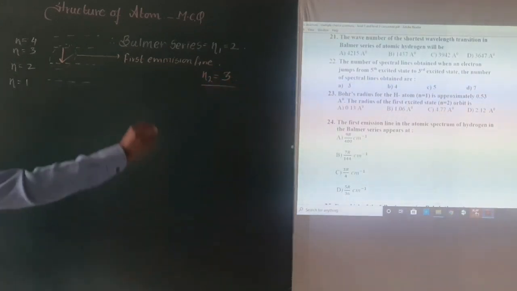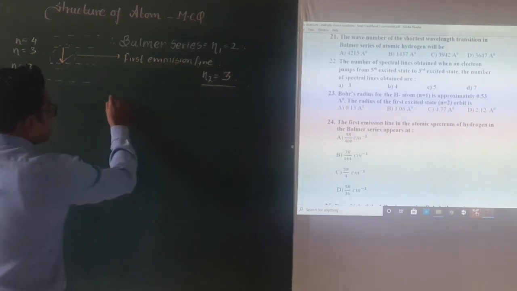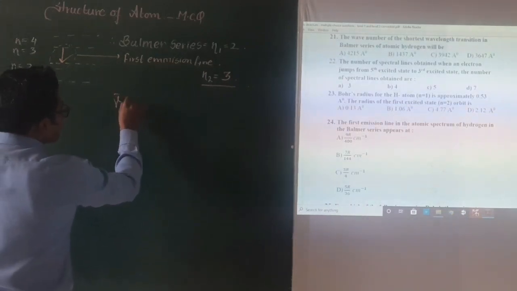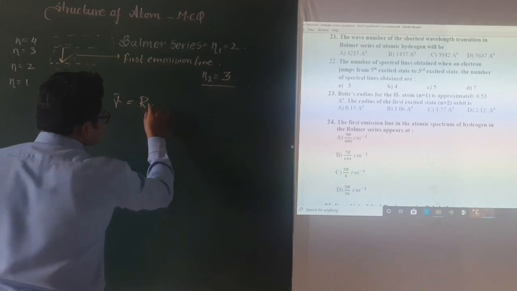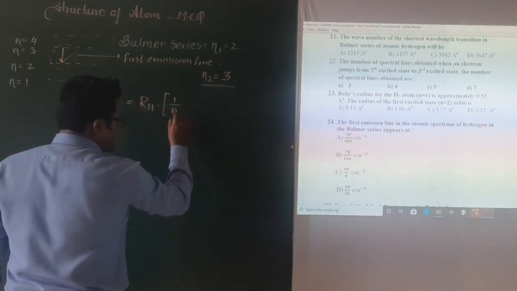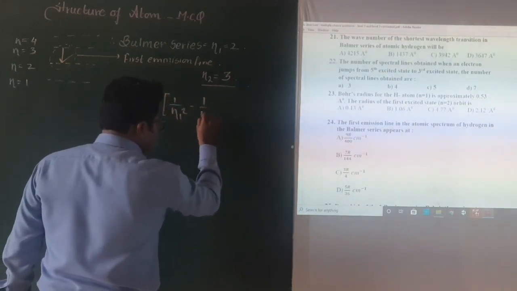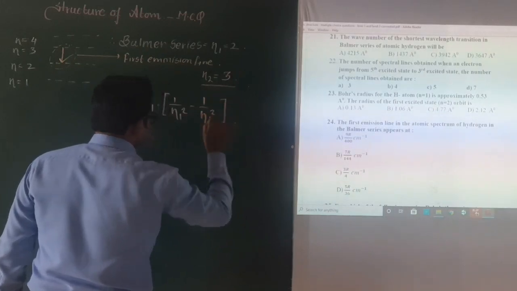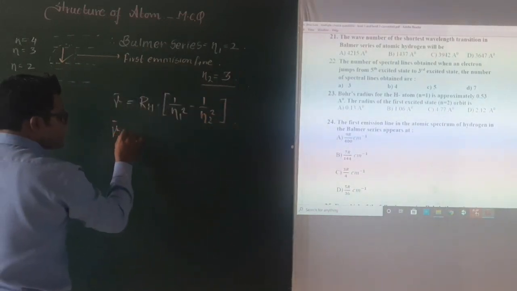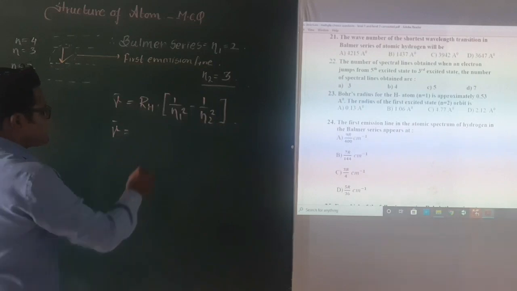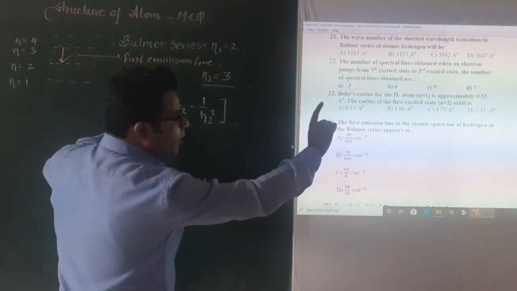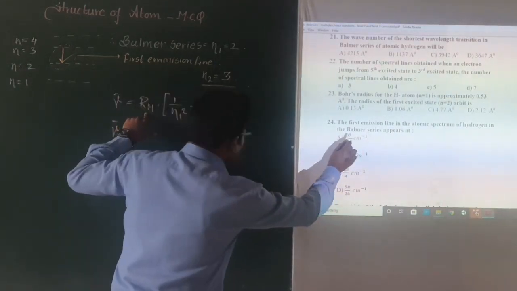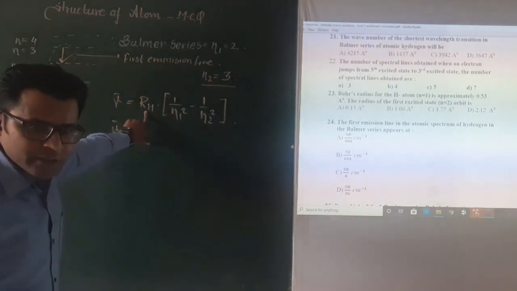So therefore, when we substitute it in R_H into 1 over n1 square minus 1 over n2 square. Okay, substituting these values, see, they have given it in the form of R_H over here, that is nothing more than R_H, the Rydberg's constant.